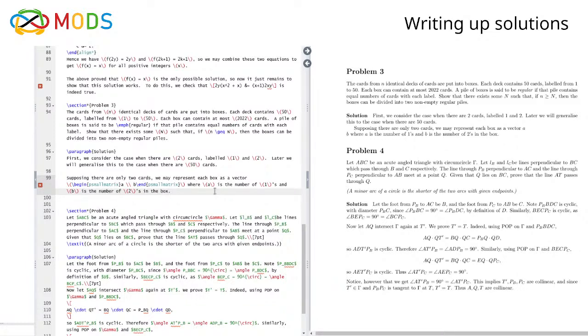Now that you've got that AQT are collinear, it shouldn't be too hard to prove that T is the entropy, right? Actually, no, it just solves instantly. Yeah, okay. They should ask that instead.